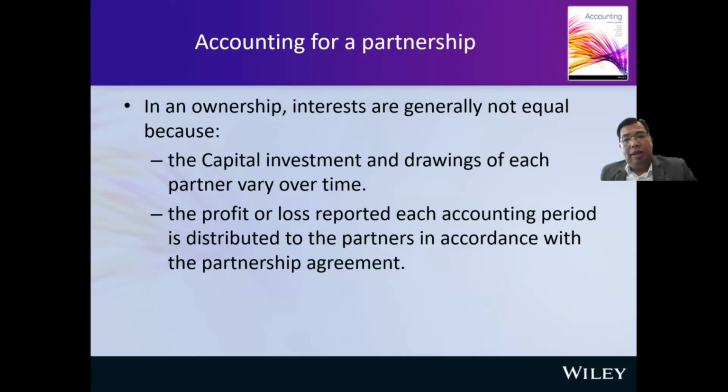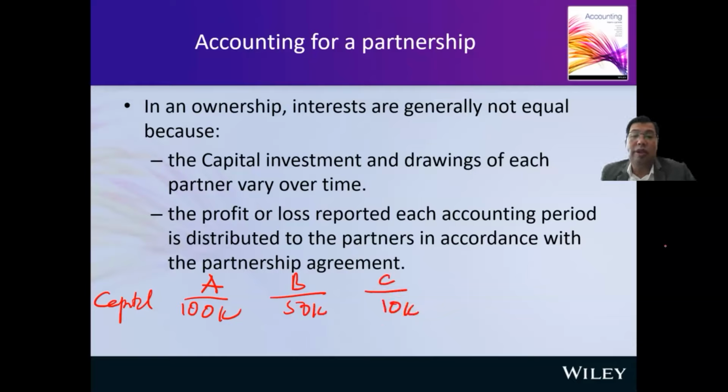In a partnership, ownership interests are generally not equal because the capital investment and drawing of each partner vary over time. You have this partner A. Partner A contributes capital maybe 100,000. Partner B contributes 50,000. Partner C contributes 10,000. So this is the capital contributed by the partners.